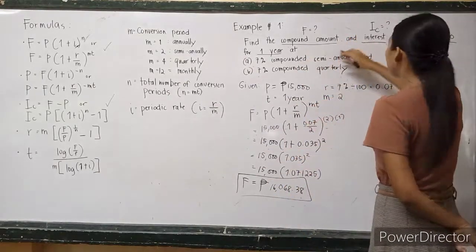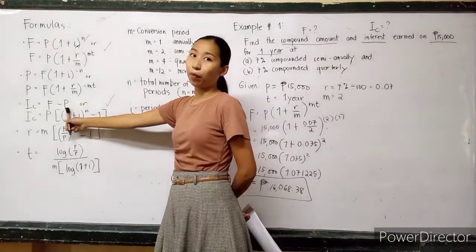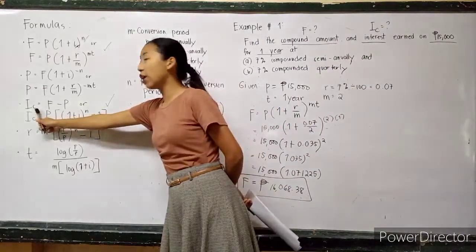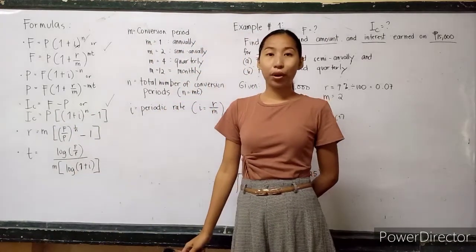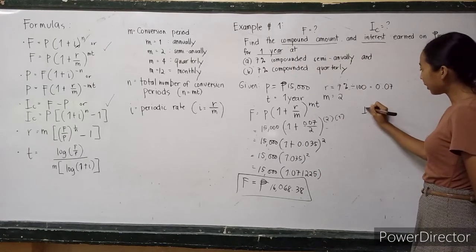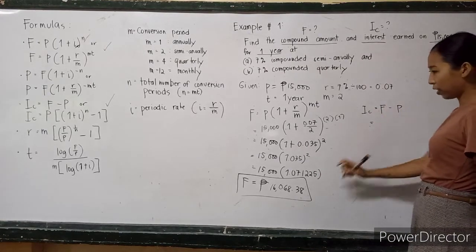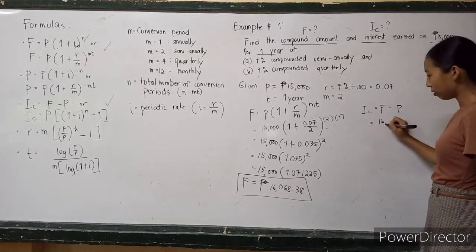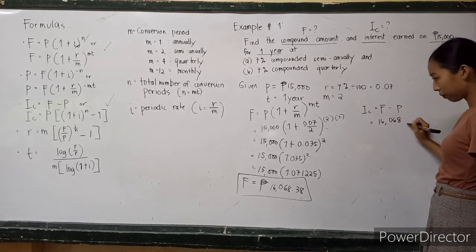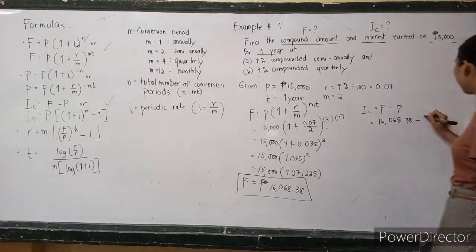Now, since we already have our F and we already have our P, we can now find our IC, or our compound interest. So, let me solve. IC is equal to F minus P. F is 16,068.38 minus our P, which is 15,000.